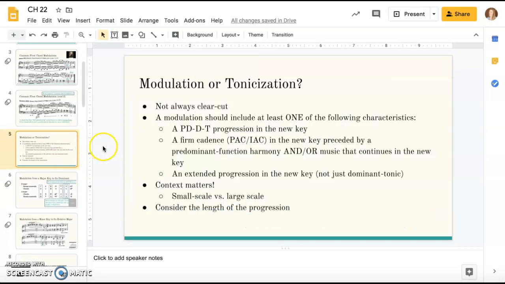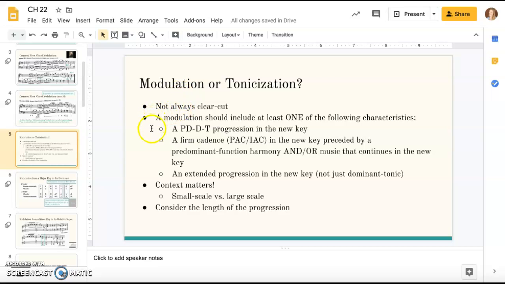So, is it a modulation or a tonicization? It's not always clear between the two, but we have talked about in class how a tonicization is usually temporary, whereas a modulation usually moves into the new key and stays there for a while.